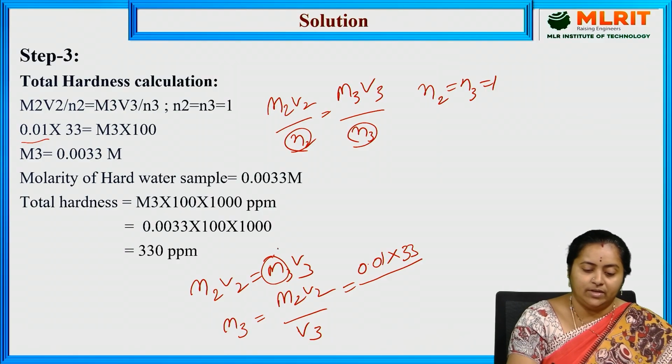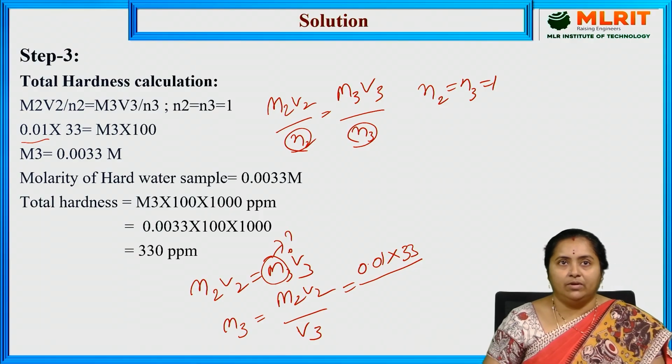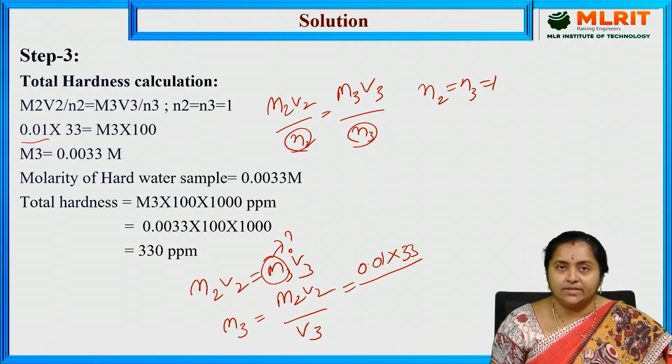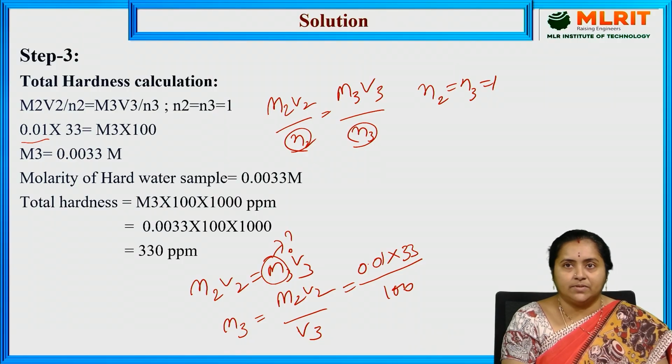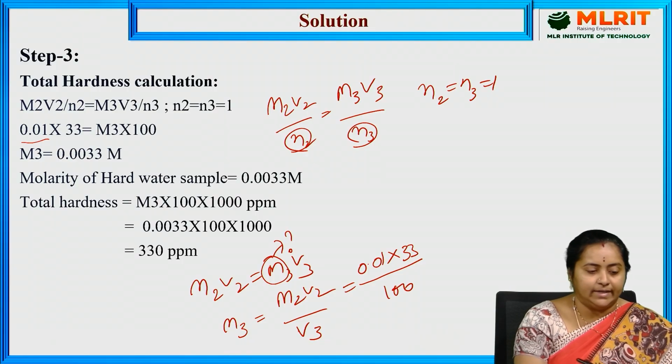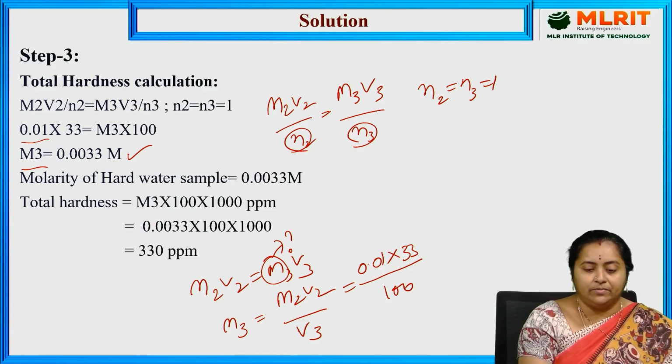And V3 is the volume of hard water sample considered for titration, which is 100. After substituting all these values, we get the molarity of hard water sample. Here we got the result as 0.0033 molar. That is the molarity of hard water sample.